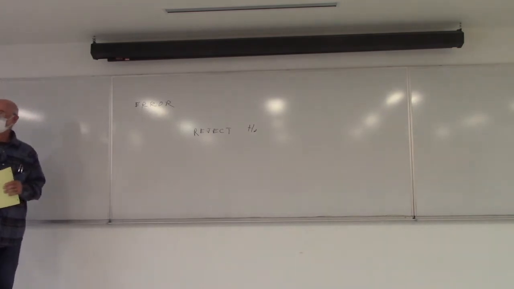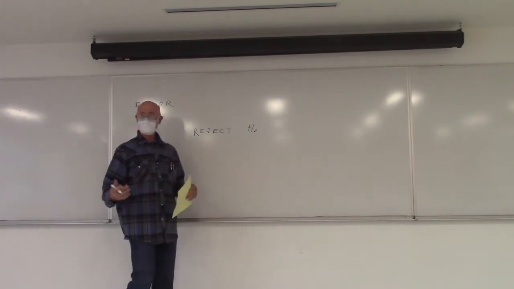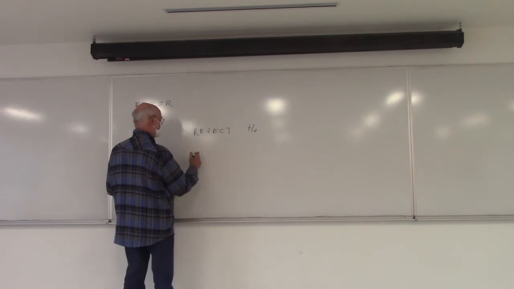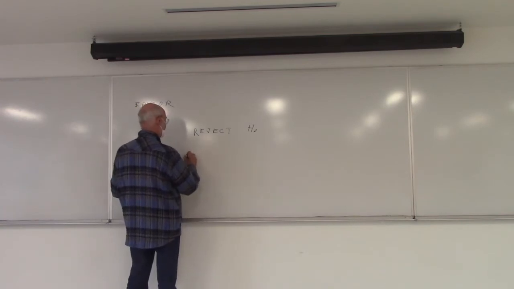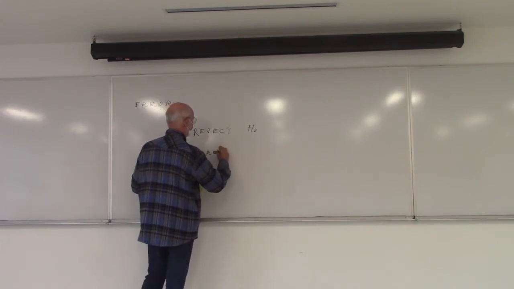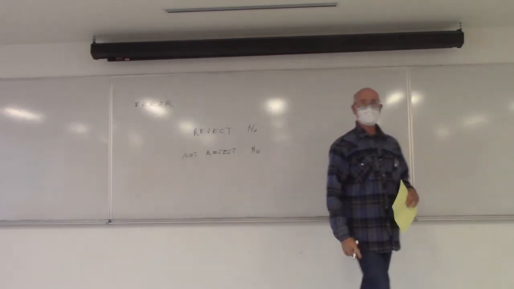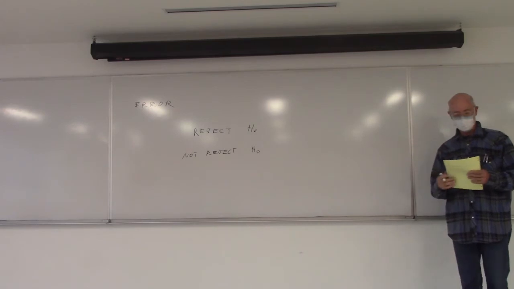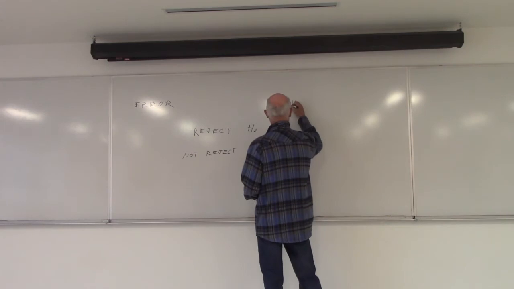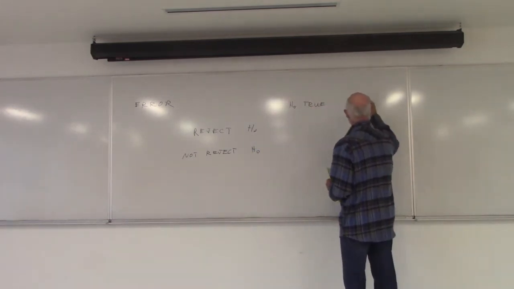Remember, the null hypothesis is the hypothesis of no difference, and the alternate hypothesis is the hypothesis of some kind of difference. So here, one option is that we reject the null hypothesis. The other option is that we not reject H naught. Notice I don't say accept H naught. I talk about reject or not reject. Okay? Now, the two possible scenarios is that H naught could be true or H naught could be false.